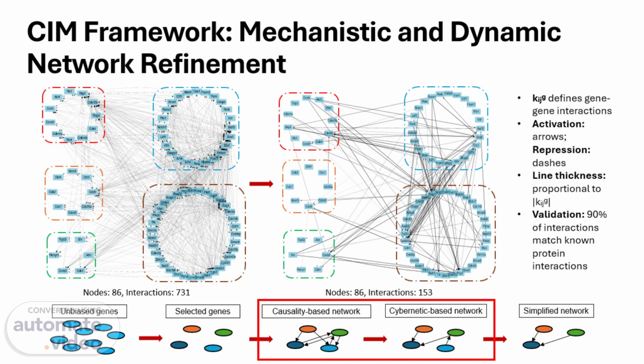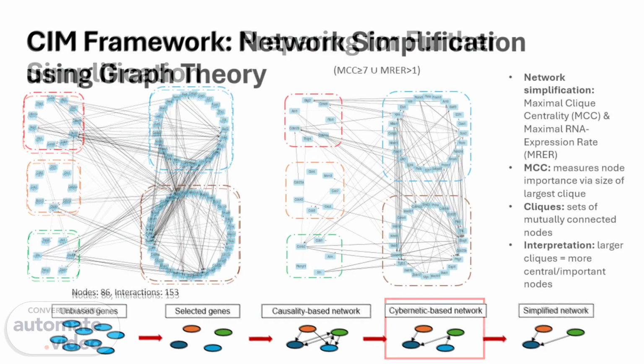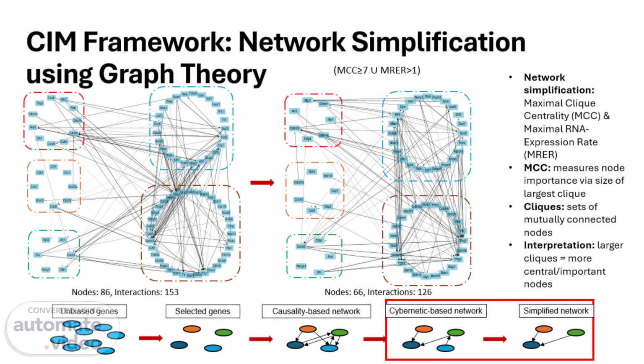Having achieved a mechanistic and dynamically validated network, our next step was to perform further network simplification. This aims to distill the core regulatory elements without losing critical information. For this simplification, we employed graph theory metrics, maximal clique centrality, MCC, and maximal RNA expression rate, MRER. MCC measures node importance by the size of the largest clique it belongs to.